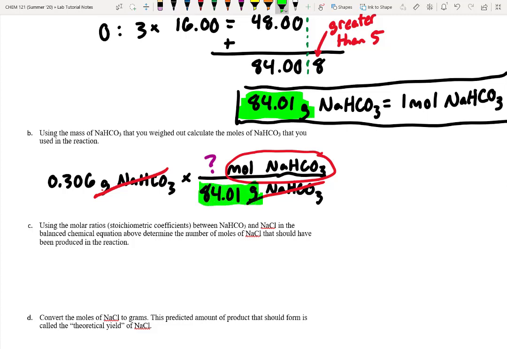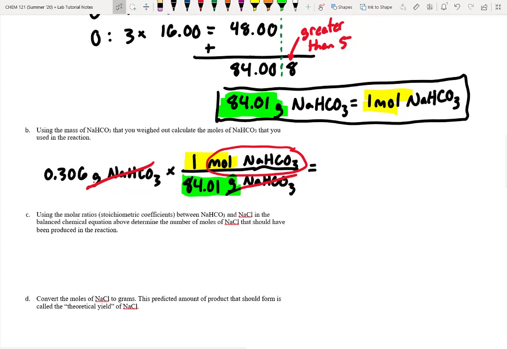I don't want to accidentally put that on top. And then here, I've got 1 with my mole unit. So I'm going to go ahead and plug 1 in up here. Everything looks right. Units are canceling. And I'm left with the unit that I want. So what I'm going to do is keep all of my sig figs, and then at the very end, we're going to look at sig figs.